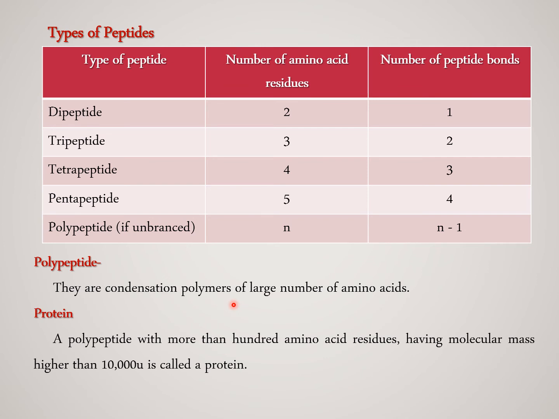Then what is a protein? How do you differentiate between a polypeptide and a protein? A polypeptide with more than 100 amino acid residues and a molecular mass higher than 10,000 u, where u means unified mass, is called a protein. So this is the basic difference between a polypeptide and a protein.